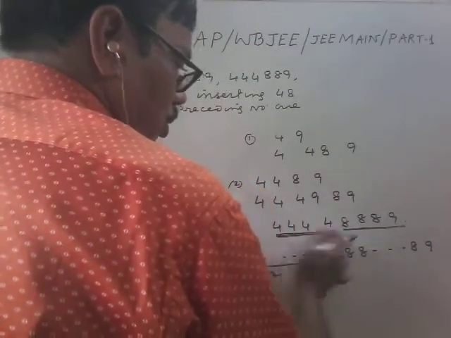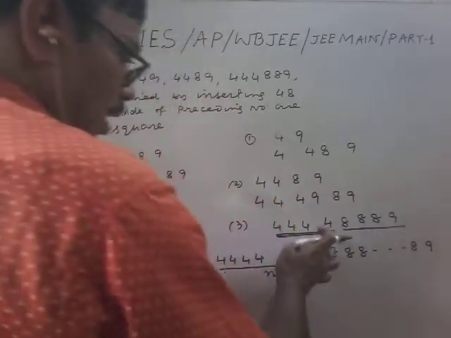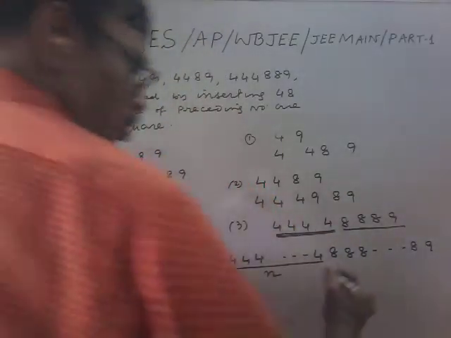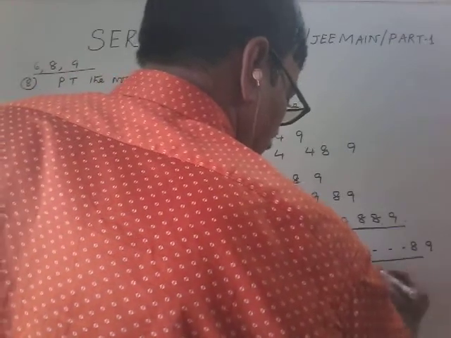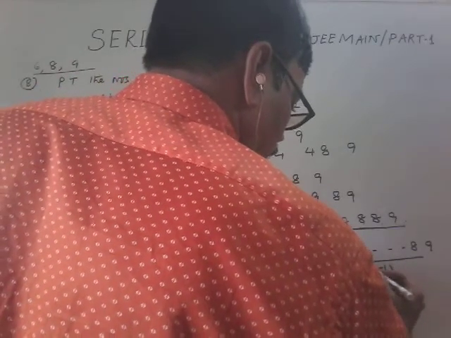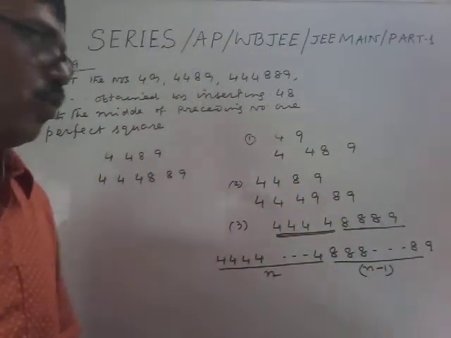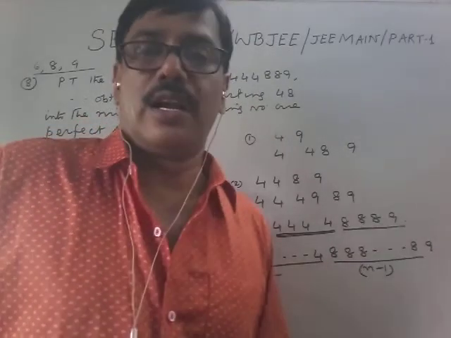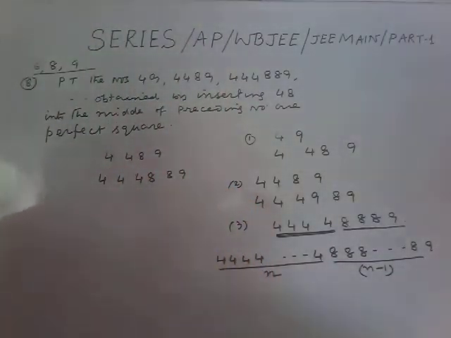If it is 4, look, 1 2 3, 1 less than 4. So this will be n minus 1 number of 8s, and only 9 at the last.